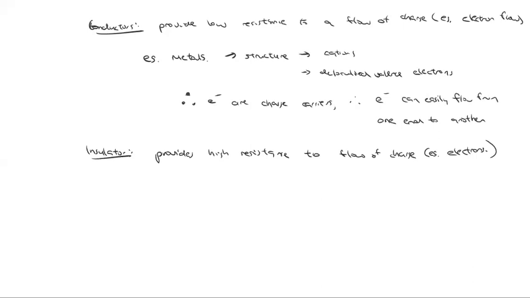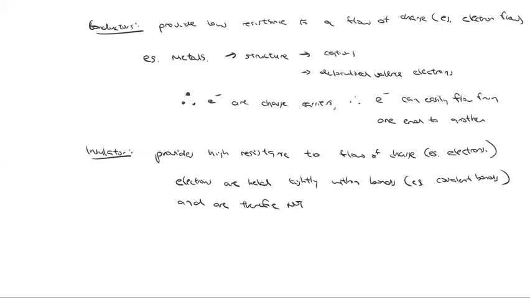You broke up a bit, but I think you're on the right track. Essentially, you don't need to go into too much detail unless they give you a specific one. But essentially, the electrons are often held tightly within bonds, e.g. in covalent bonds, depending on what type of material you're talking about, and are therefore not mobile and not free to act as charge carriers.